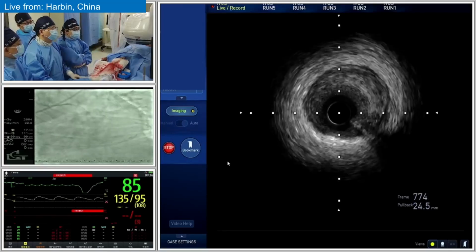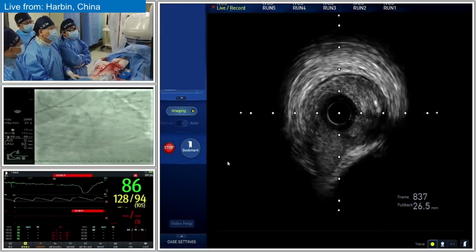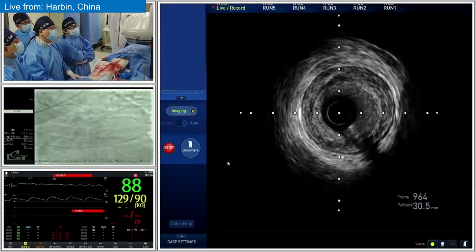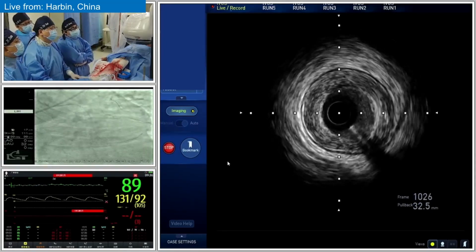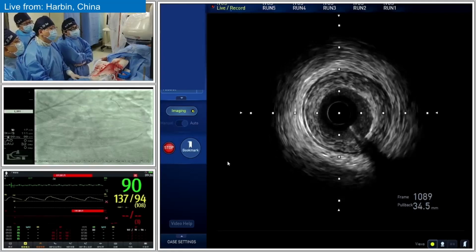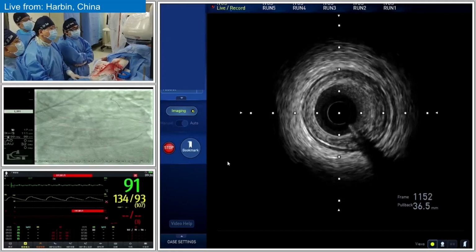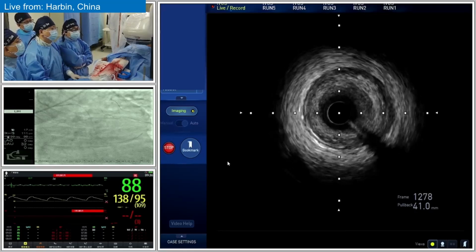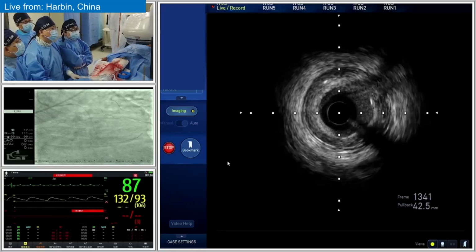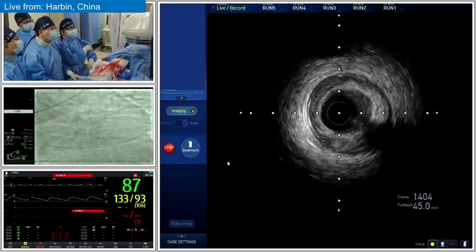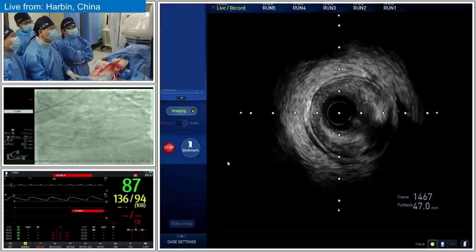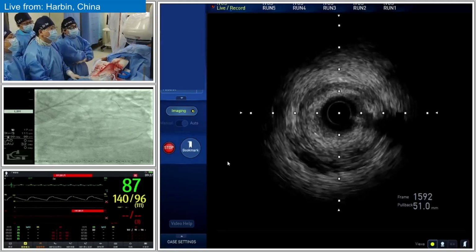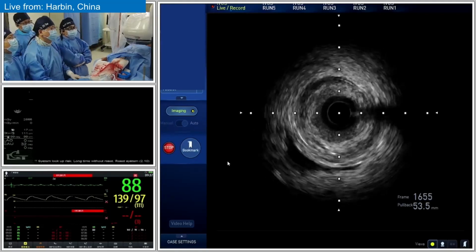Stent is also a choice. After the pre-treatment, I think it's okay to put stents. There is a little dissection, which may be caused by our balloon, but it's not significant.